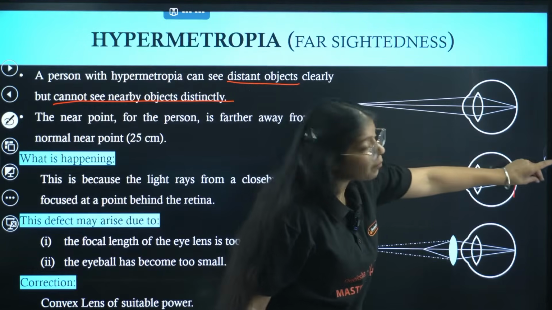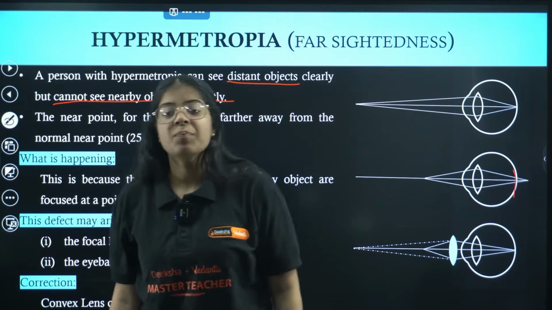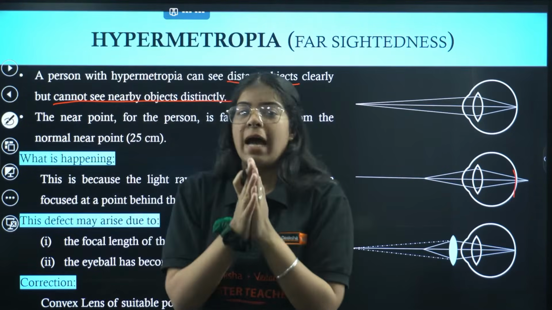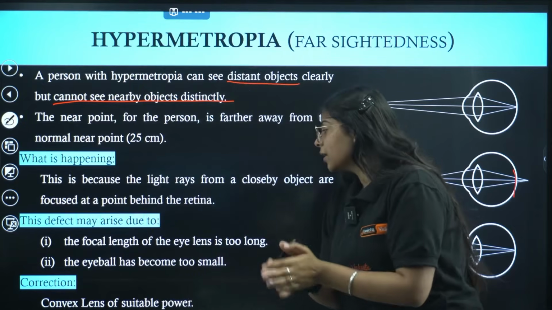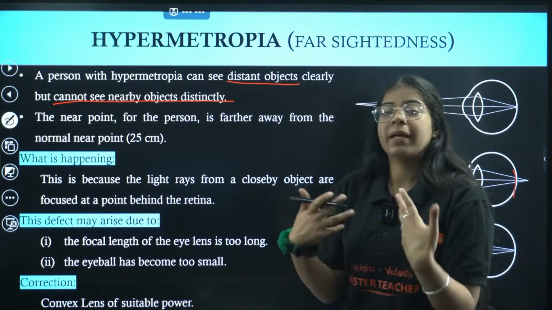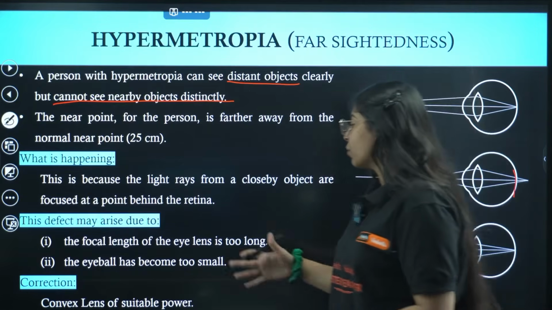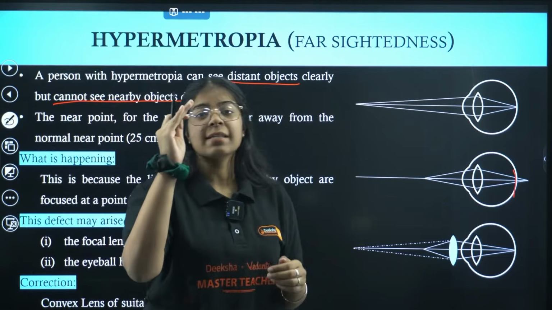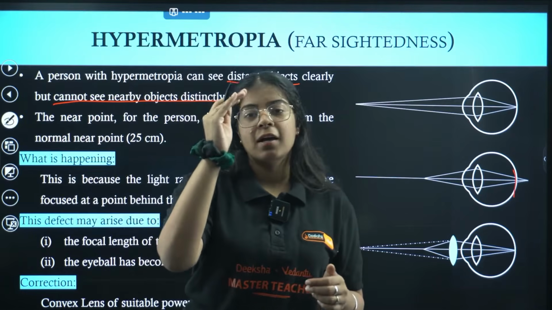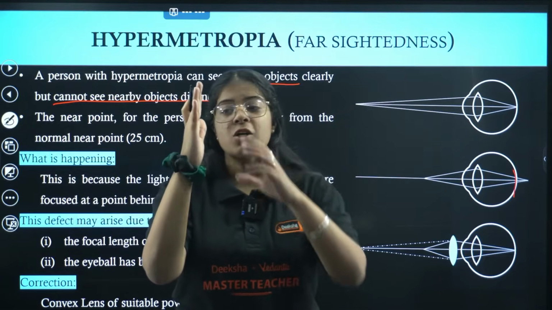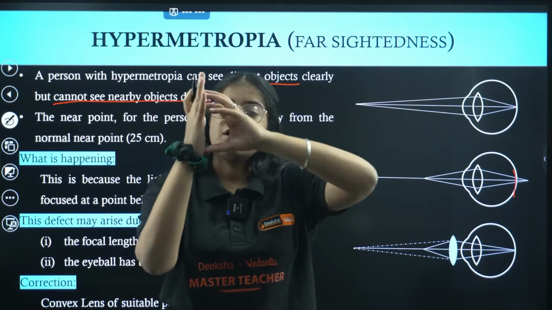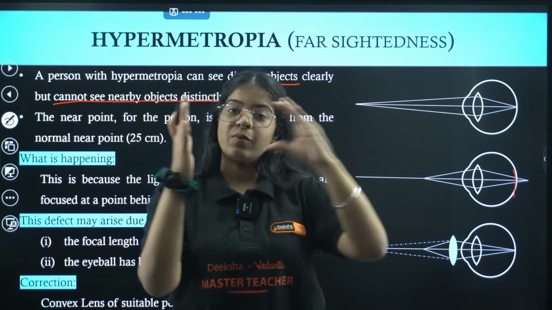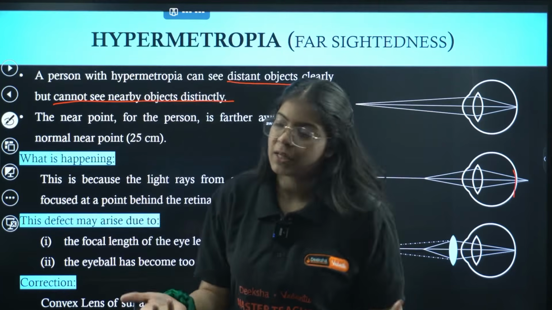It is focusing them behind the retina, and this can be due to the shortening of our eyeball. The eyeball became too small, or the focal length of the eye lens is too long. If the lens stretches out, the focal length increases, and instead of focusing on the retina, the focal length is behind the retina, so the rays will converge at the focal length of the lens. Very good.